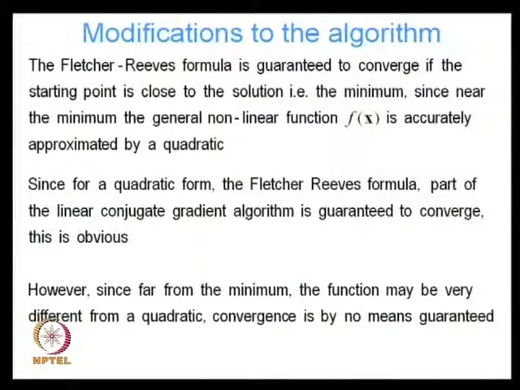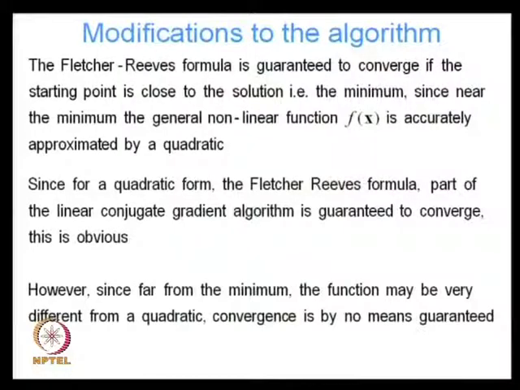Any function near its root, you can approximate very well by a quadratic. So the Fletcher-Reeves formula is guaranteed to converge if the starting point is close to the solution, because the behavior is going to be more or less quadratic.